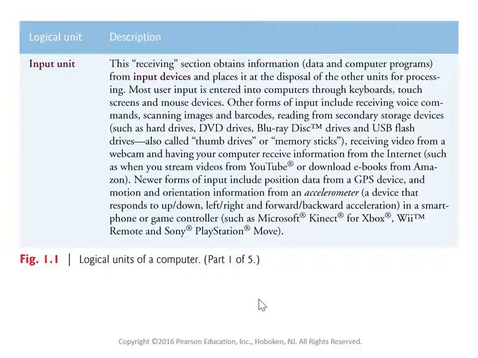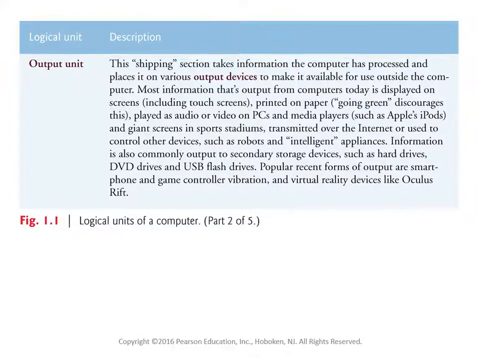So these are all various forms of input. Secondary storage I call hard drives, thumb drives. A video camera is considered an input. The computer, the internet. Newer forms also tend to use accelerometers. You can use GPS. Those are all input devices.